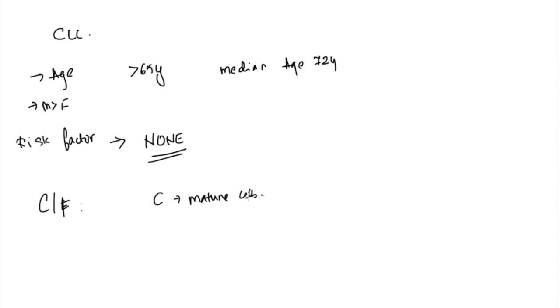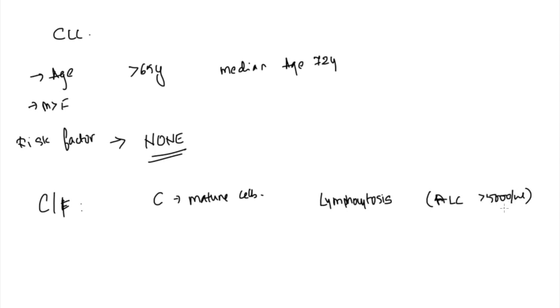So mature cells spill into the circulation more than in the marrow, so you won't have the feature of pancytopenia, correct? So that's why you're going to have lymphocytosis.